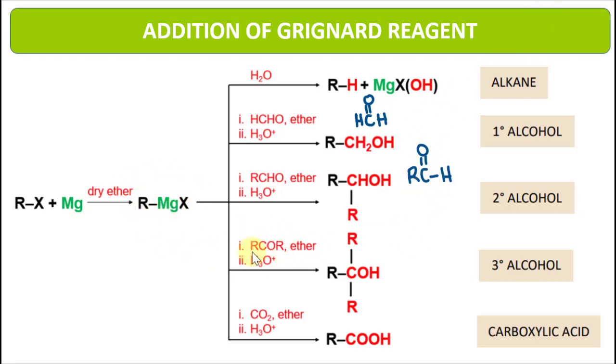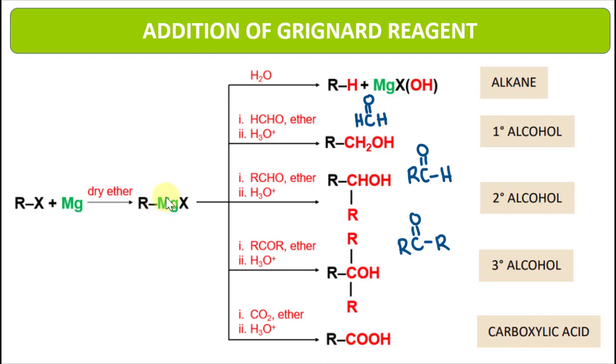When a Grignard reagent reacts with a ketone, RC double bond O, R, where R can be any alkyl or aryl group, the C double bond O will become a C single bond O when the nucleophile attacks this carbon.